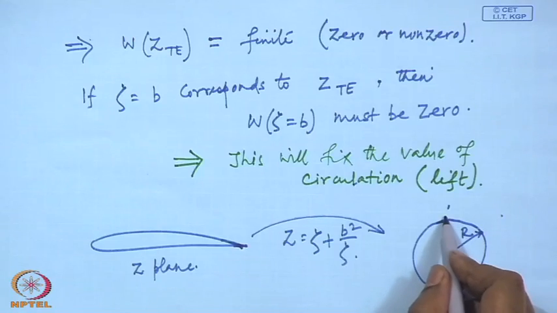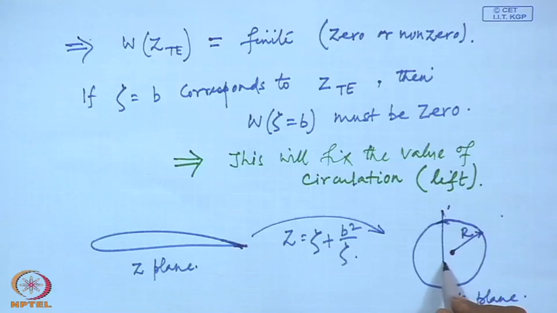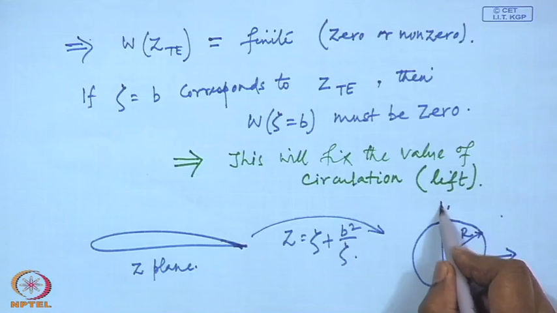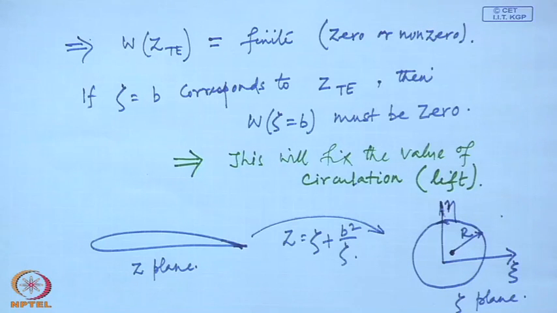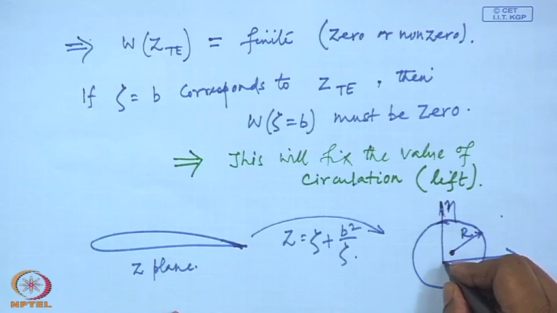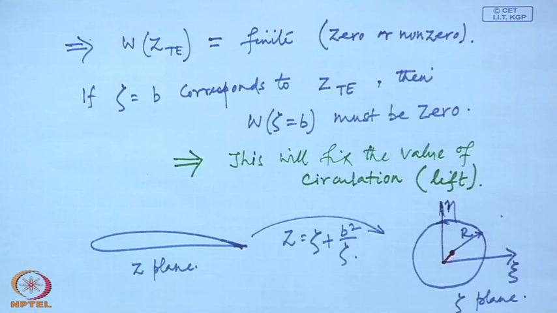Let us say we place the origin such that this is the zeta plane, and we call these axes xi and eta. We call the position of the center zeta naught.